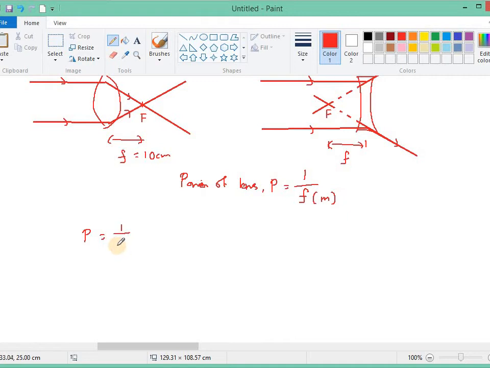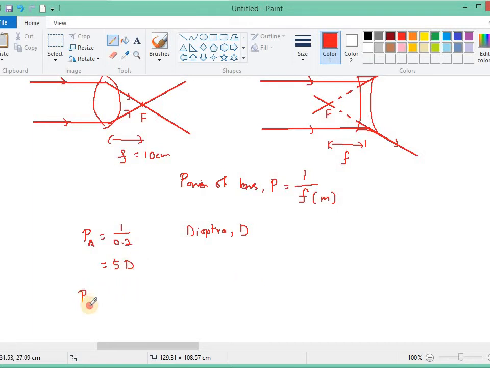If 20, this is the power for lens A. So 20 centimeter, change to meter, so this is 0.2. So we get 5. The unit for the power of a lens is diopter. This is the power of lens.